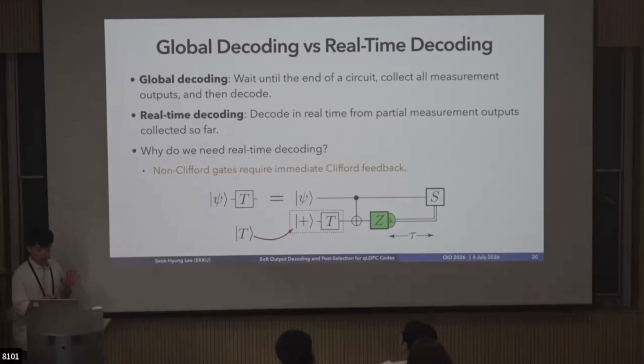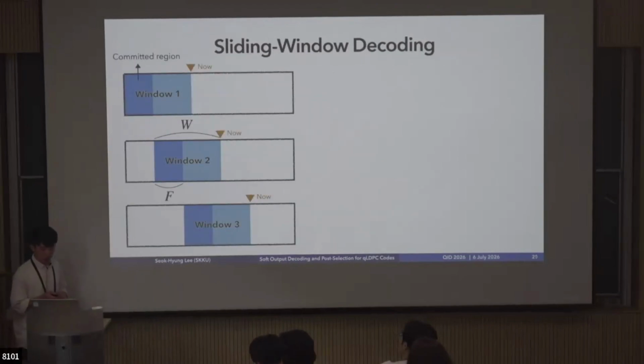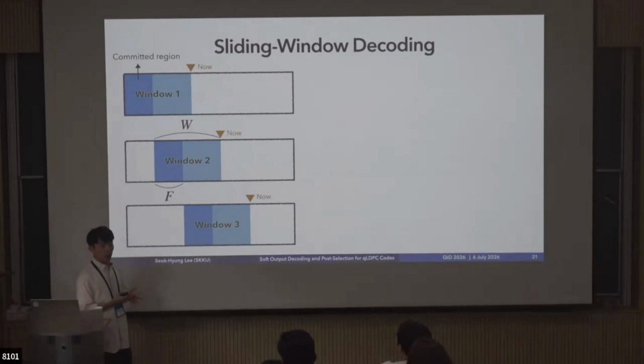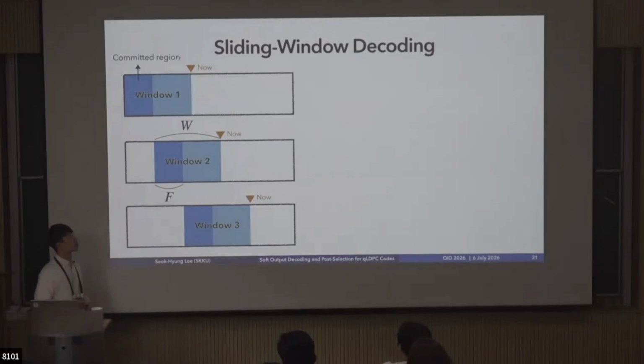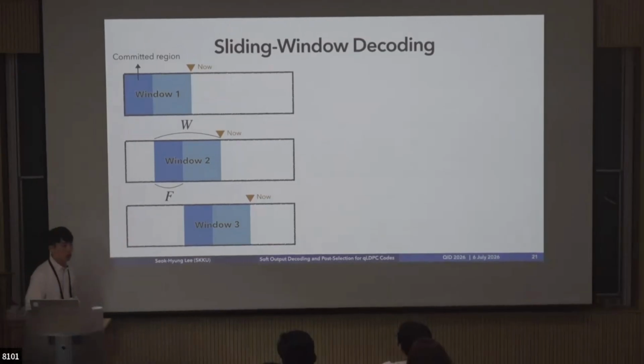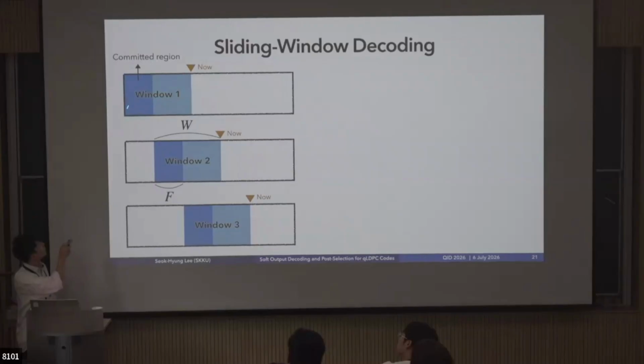Anyway, we need real-time decoding. A representative method is the sliding window method. We divide the decoding problem into multiple overlapping windows, decode each of them, commit the first few rounds, then move the window and decode again, repeating this until the end of the circuit.